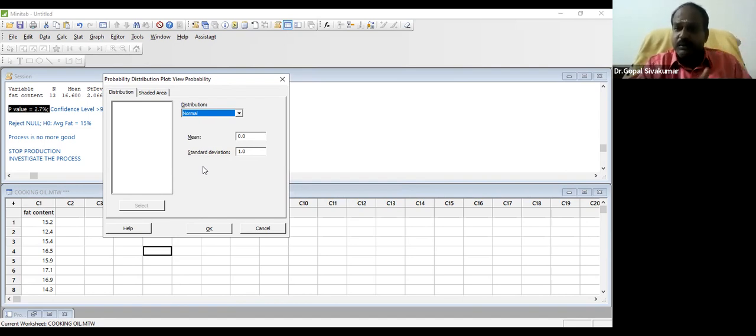Instead of studying all the distributions, study only normal distribution and then handle all the situations. I will teach you only next Wednesday how to do that, right? So how to handle other distributions using our knowledge of normal distribution alone. Now, normal distribution is selected. Mean value, mean is 0. When I say mean equal to 0, what does it mean? Is it still normal distribution or standard normal distribution?